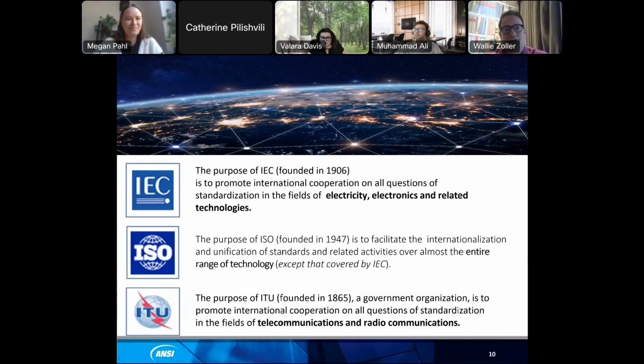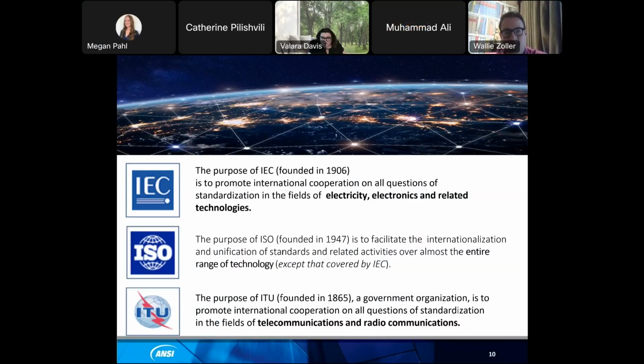So the purpose of the IEC, which was founded in 1906, is to promote international cooperation. And the word cooperation is going to meld into the word consensus as we go along here, on all questions and activities related to standards in electricity, electronics, and electrotechnical activities.